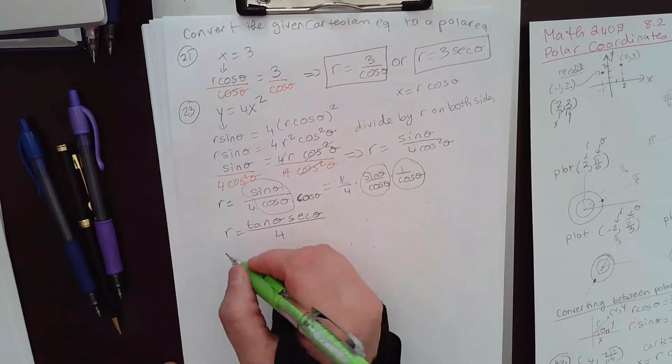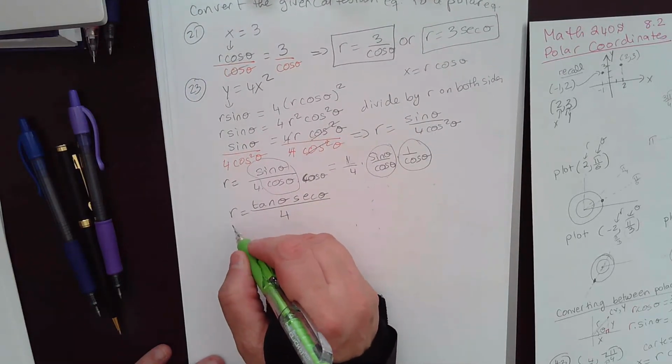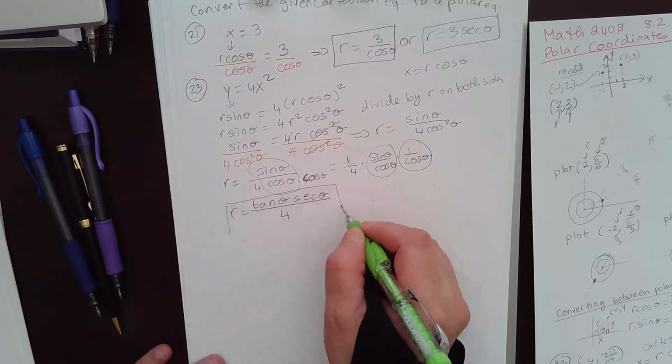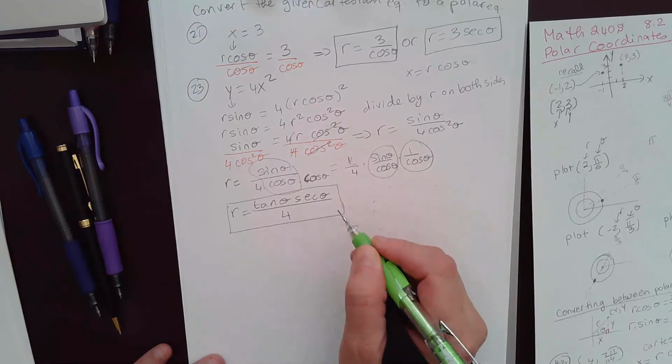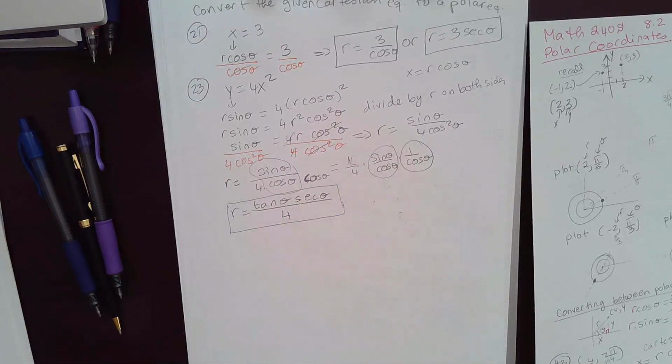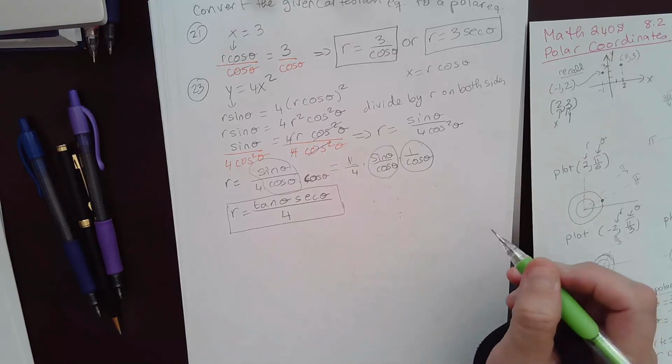Okay, so I just converted the Cartesian equation to a polar equation. So go ahead and see if you can do this, if you can understand. If you need more time to understand it, that's fine.